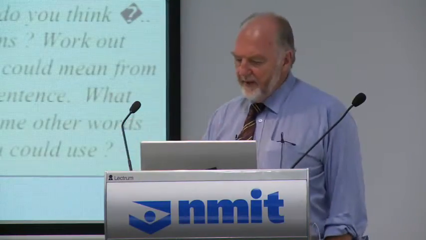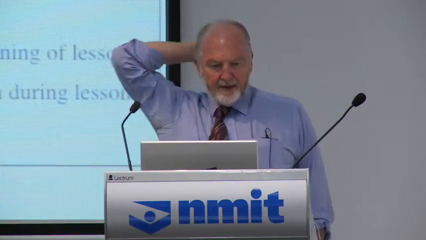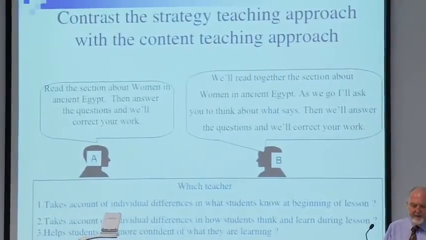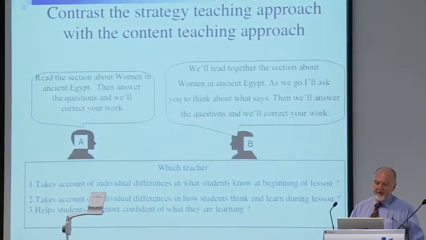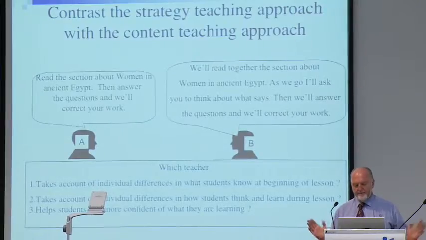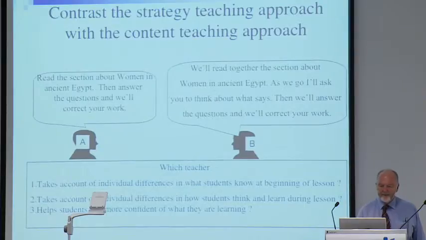One teacher, it's the next slide actually. 2 teachers. One teacher says to the kids, okay, read the section about women in ancient Egypt, and then answer the questions at the end of the reading, and we'll go through and correct your work.